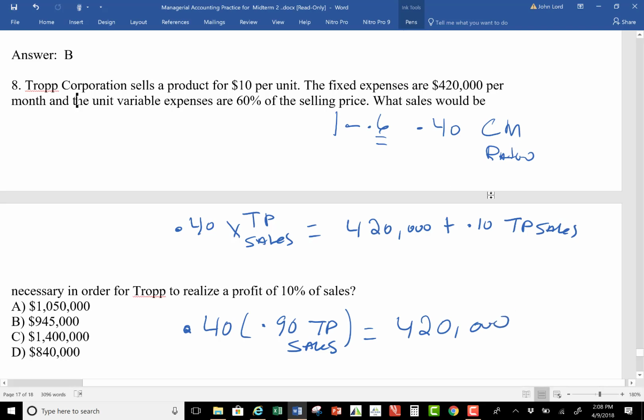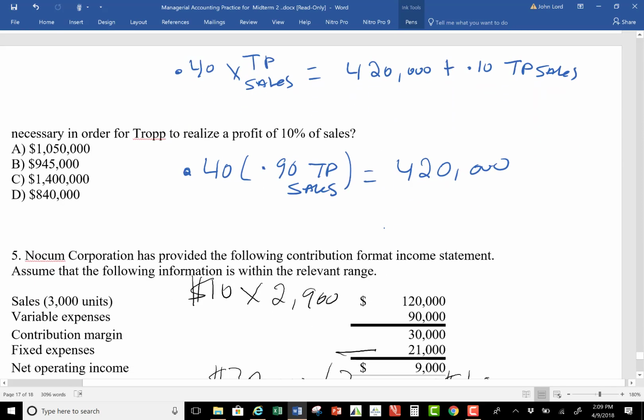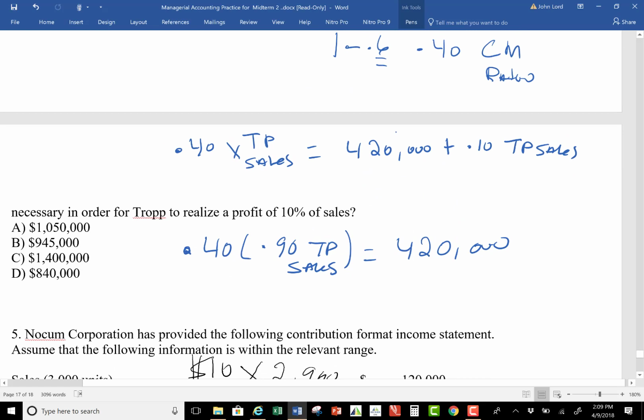I always end up having to look at my solution that I wrote on the other page. Let me see.